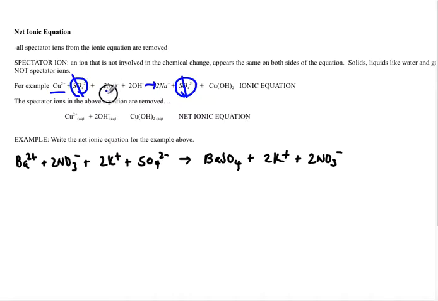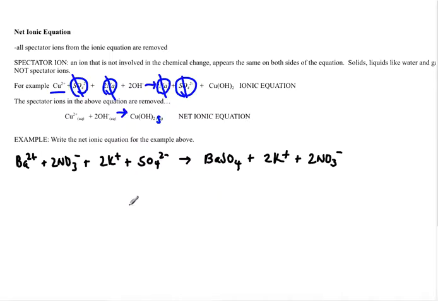The sodium ions are also spectating. They're both the same before and after. The 2 hydroxide ions are no longer visible. They are part of this precipitate, so they are not spectators. Once you remove the spectators, you're left with the net ionic equation. So copper ions plus the hydroxide ions are producing the copper hydroxide precipitate. That should say solid. And that is our net ionic equation.